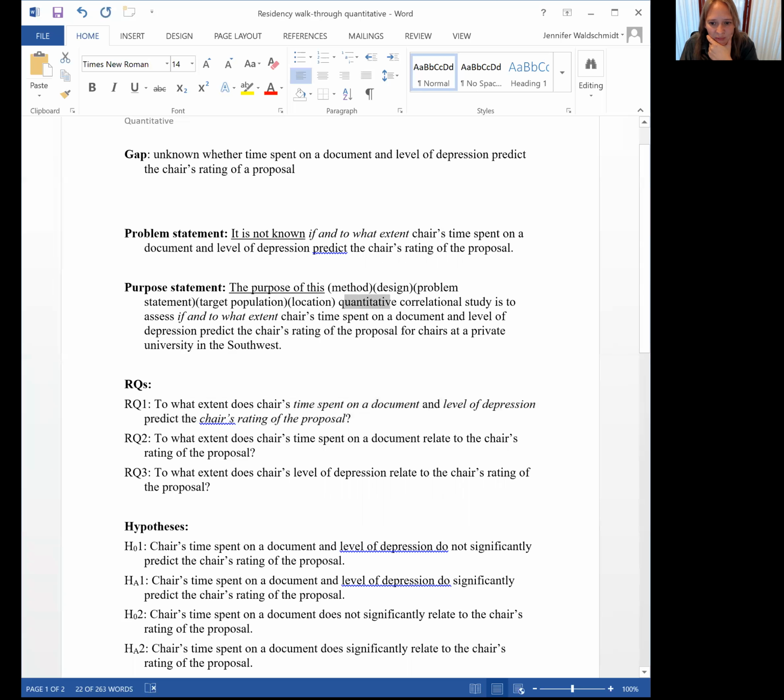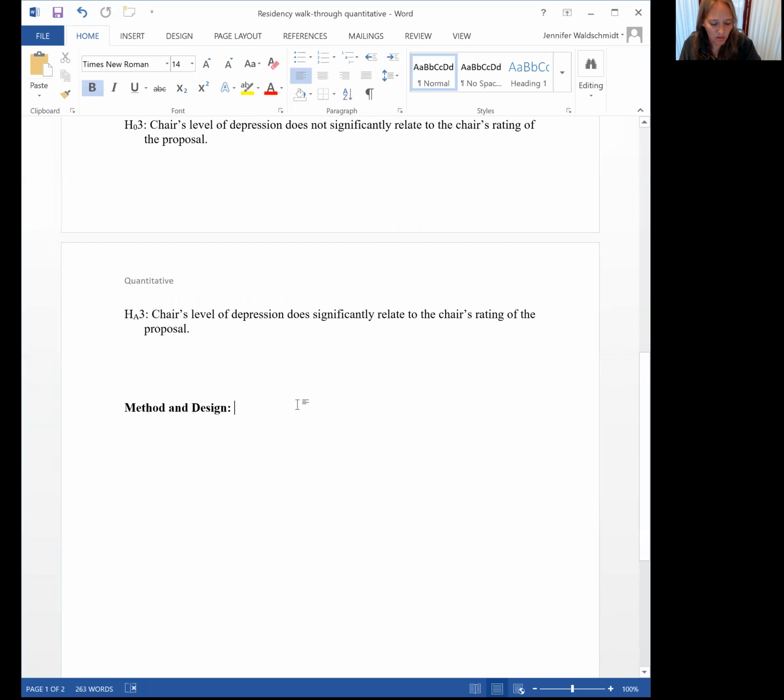The last thing that I'm going to bring up is our method and design. The reason I'm bringing this up is because, one, it's one of our 10 strategic points. The other thing is I find that there's a lot of folks who, especially early on, get a little bit confused about what is the method, which one is the design. So I'll sometimes ask folks, which one of these is the method?